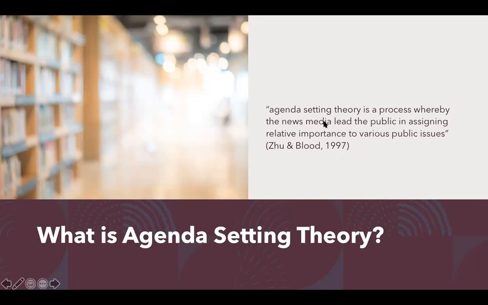They said that agenda setting theory is a process whereby the news media lead the public in assigning relative importance to various public issues. Here you should pay attention to the word news, which means that the postulates of this model are essentially applicable to the content that we receive related to news.